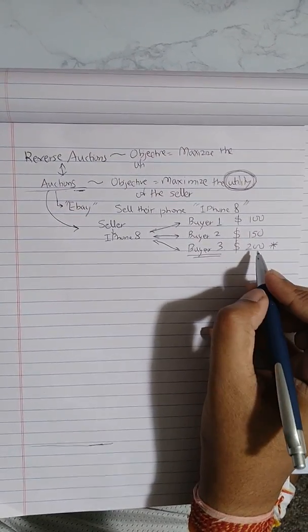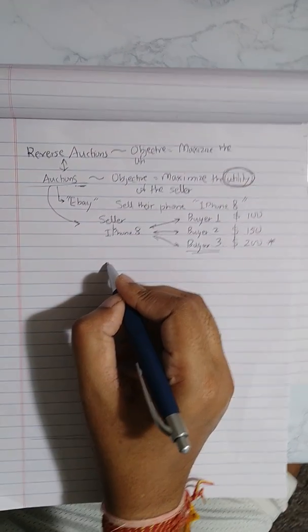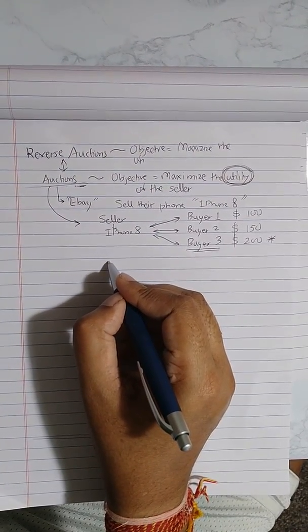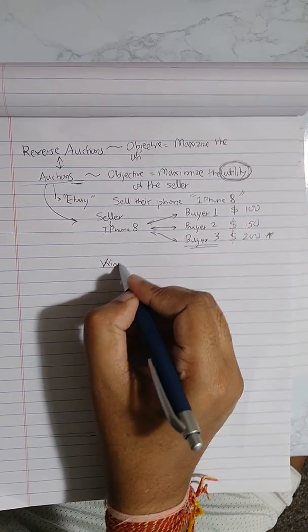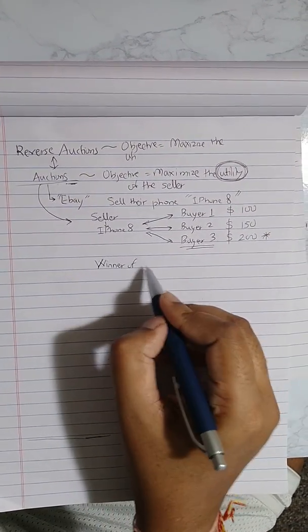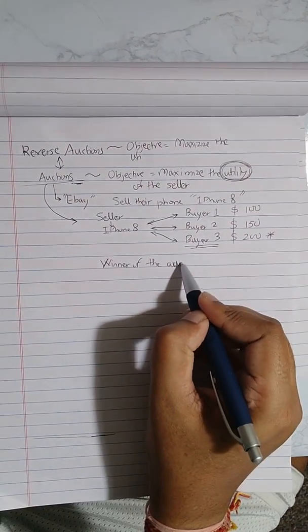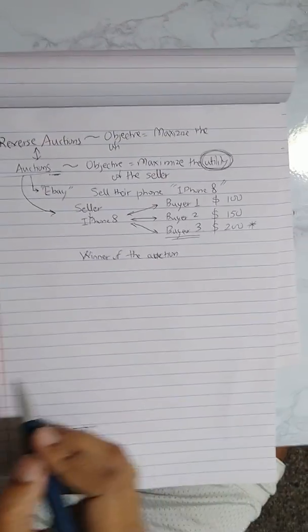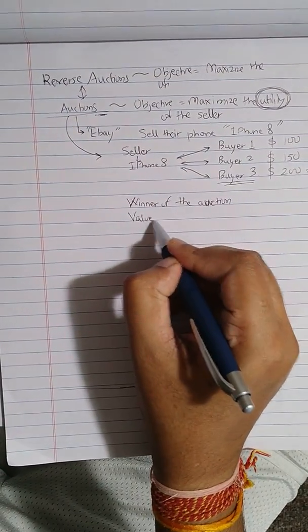So in any auction, there are two things that we are interested in finding out. The first thing is who is the winner of the auction. This is important to understand, to figure out who is the winner. And the second thing is what is the value of the auction.